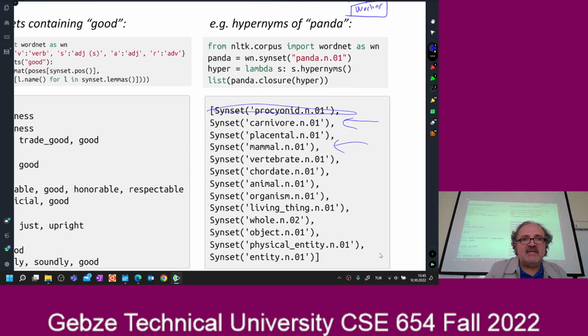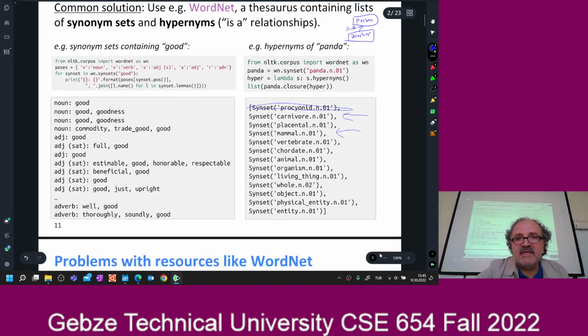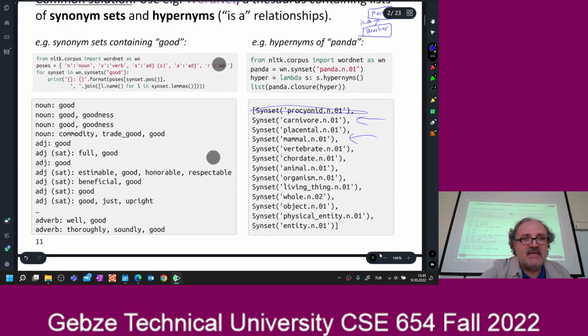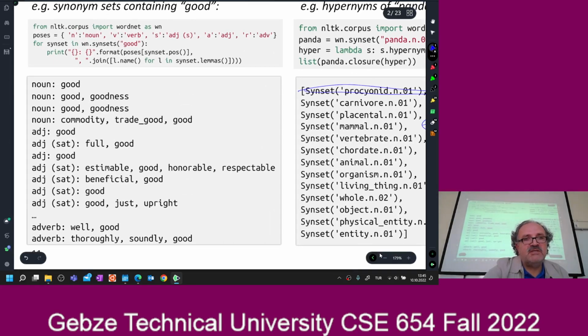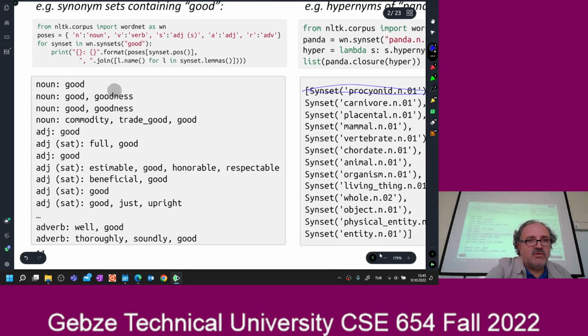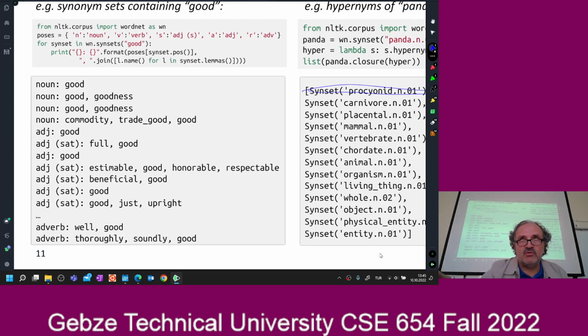I don't have to get the hypernyms. I can get the synonyms, the same-meaning words. Here, for good, goodness has the same meaning. Commodity, remember we can use good for goods, as in merchandise. Sometimes I use good as a noun. I use good as an adjective.